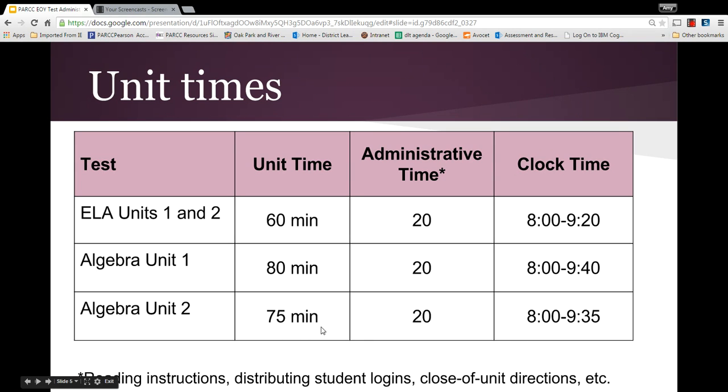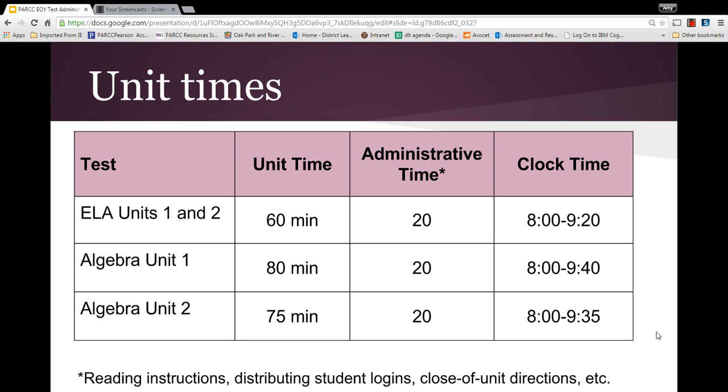Algebra Unit 2 has a 75-minute time frame plus 20 minutes of administrative time. That makes for a slightly tighter time frame on algebra than on English Language Arts. That administrative time is going to include reading instructions, giving students their login tickets, and providing directions and so forth.